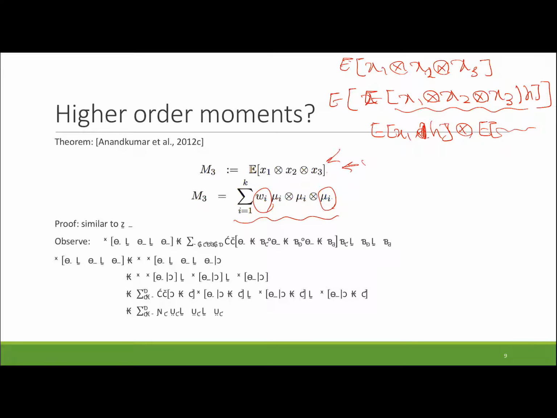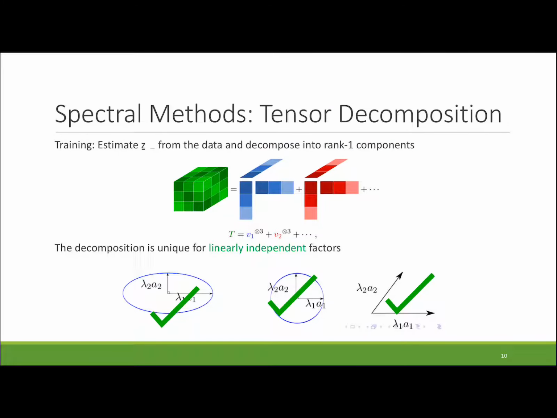And if we open this up, we are going to get the sum of probability of h equals j times mu j cross mu j cross mu j. Is it clear? Okay.